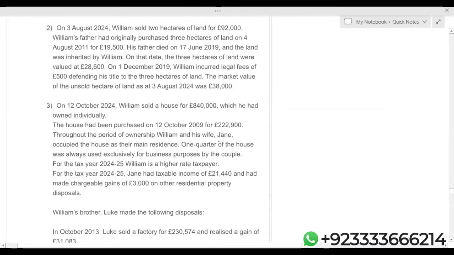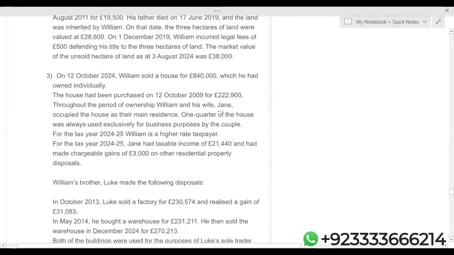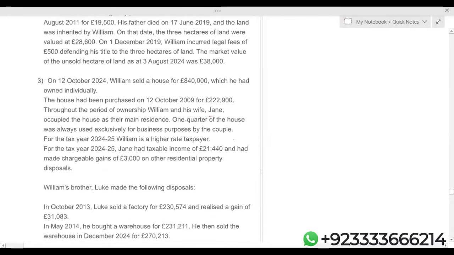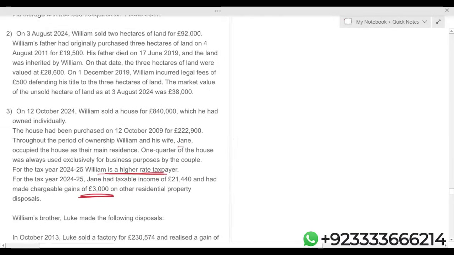Now let's come here. William is a higher rate taxpayer, and 3,000 they have already utilized.